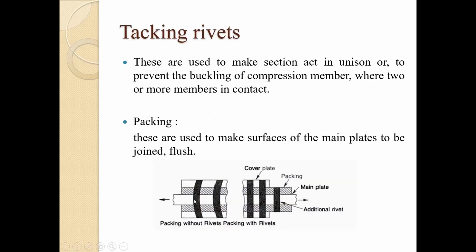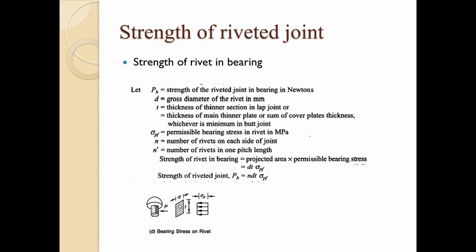Here you can see this d diameter and this t, this is the area which is resisting. So the projected area is d into t, into permissible bearing stress, that is sigma pf. And in case of a joint, that is n into that particular strength of a single rivet.